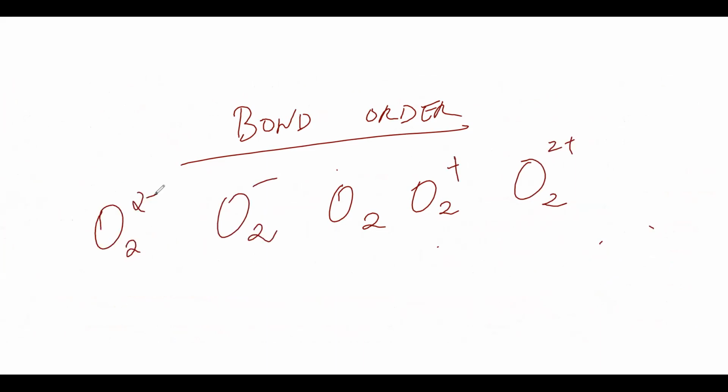O2 bond order is 2. Plus meaning 2.5, 2 plus meaning 3. For O2 minus, what is the bond order? Subtract 0.5: 1.5, then 1. You only need to know this particular thing. O2 bond order is 2, so O2 minus, 1.5 is the answer.